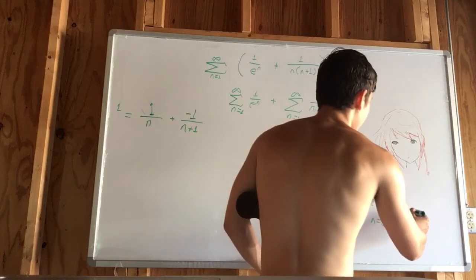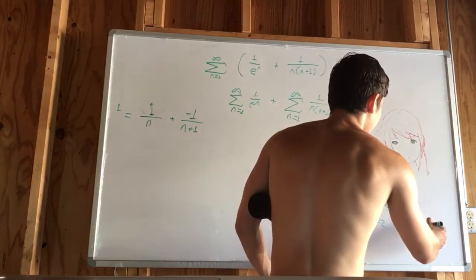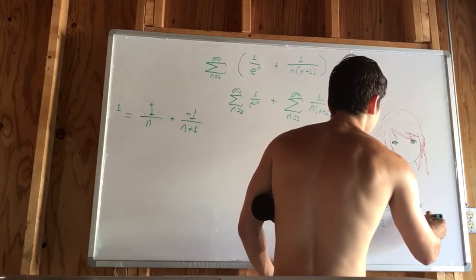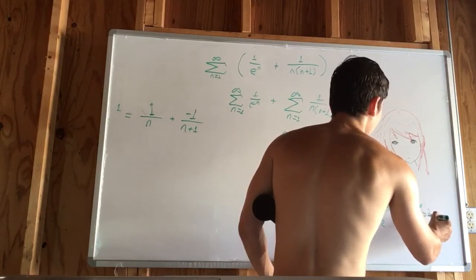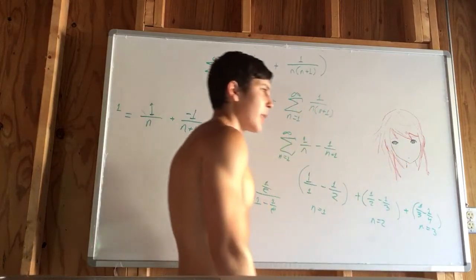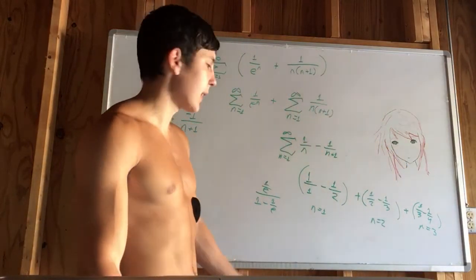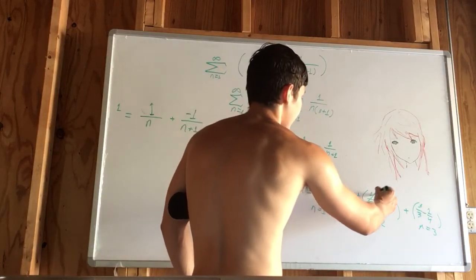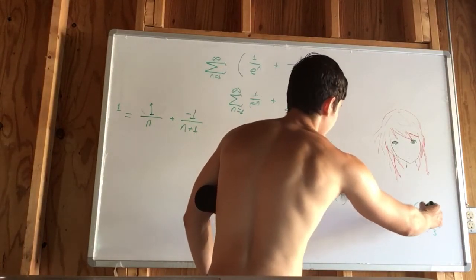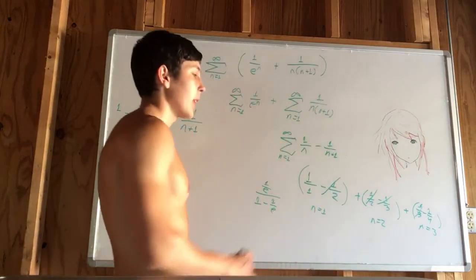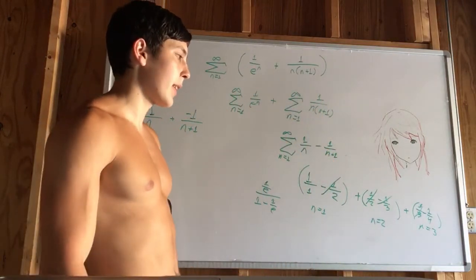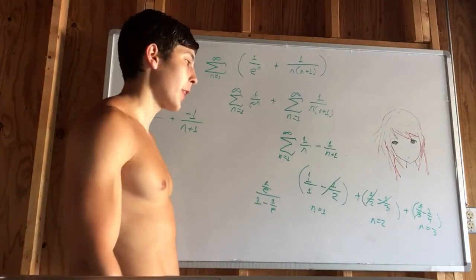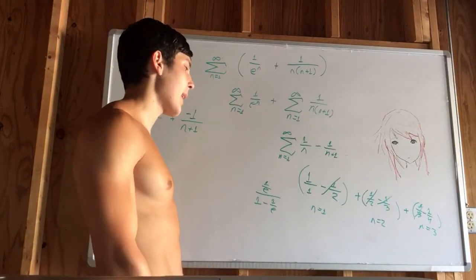And then we would have n equals 3, and with that we would have 1/3 minus 1/4. As you can see, stuff is canceling out, and it's going to keep canceling out. Like, this cancels out with this, and this cancels out with this. And if you keep going and keep going, they're all going to keep canceling out. The negative 1/4 is going to cancel out with a plus 1/4. It's going to keep repeating that same pattern.